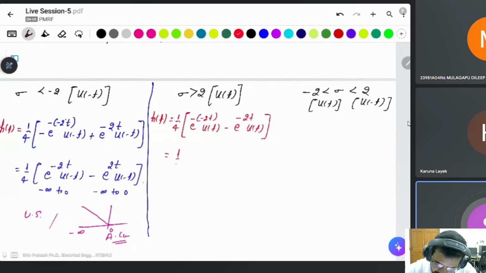For the final answer, 1 by 4 e to power 2t u(t) minus e power minus of 2t u(t).